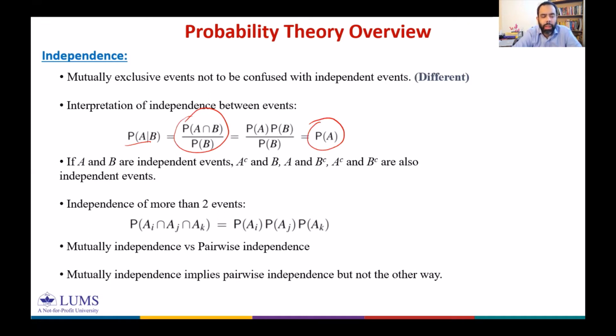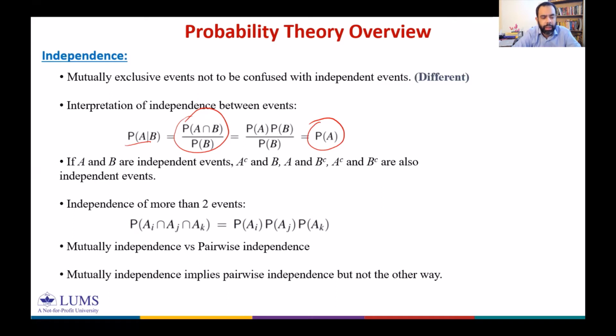It simply means probability of A given B is equal to probability of A. Probability does not change even if the event B has occurred, even if you have information that event B has occurred. Right? If A and B are independent events, obviously A complement and B, A and B complement, A complement, B complement, they are also independent events. And this can be shown very easily.